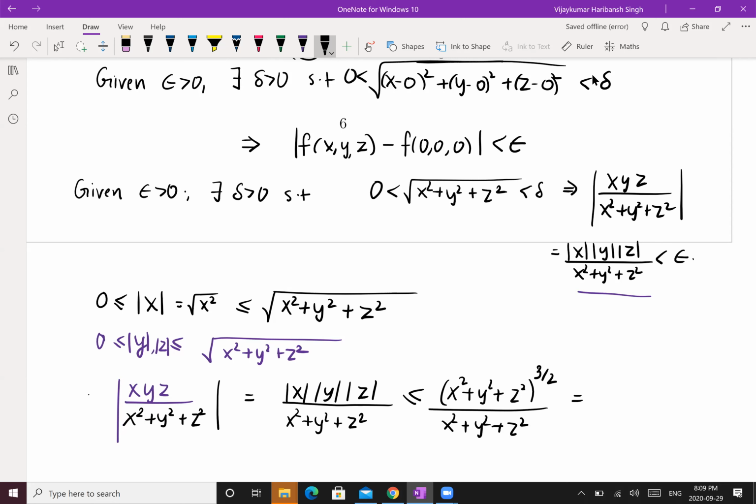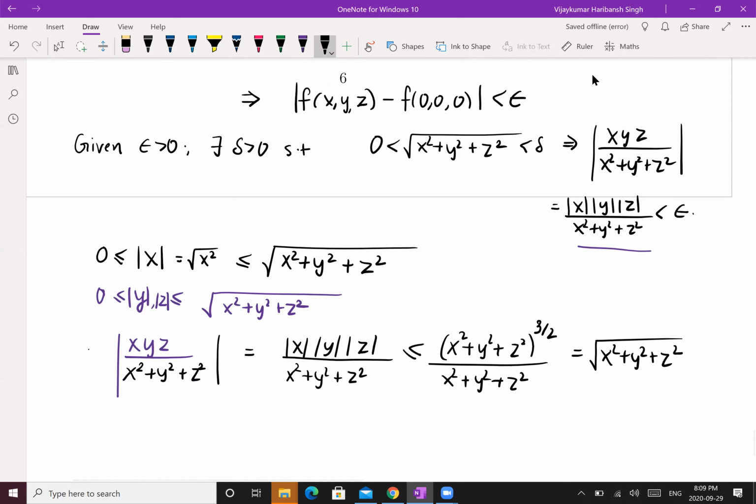That is equal to the square root of x square plus y square plus z square. All right, and this is what we want to be less than epsilon. This is what we need.